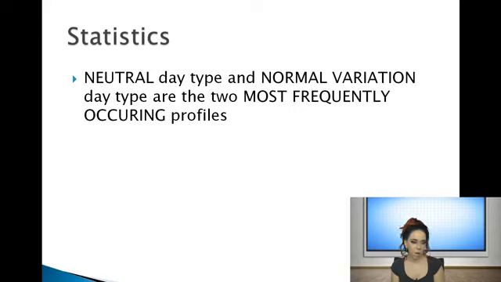To remind you, a normal variation day is when the price extends the initial balance by twice the amount of the initial balance range. So we will mostly rely on those 2 structures in order to maximize the opportunities that the market brings. Strangely enough, normal day type is not the most normally occurring profile.